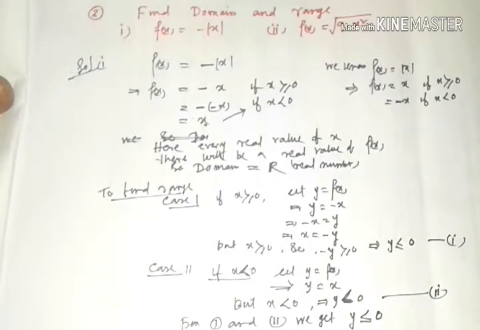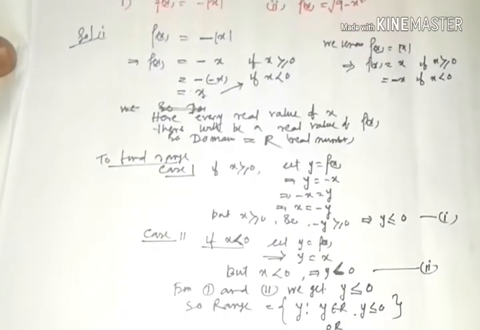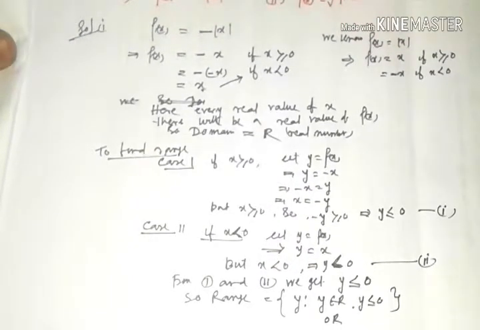So the range is equal to y such that y belongs to R, y less than or equal to 0, or we can write it as minus infinity to 0. This is a closed interval at 0 and this is an open interval at minus infinity. This is the solution of problem number 1.